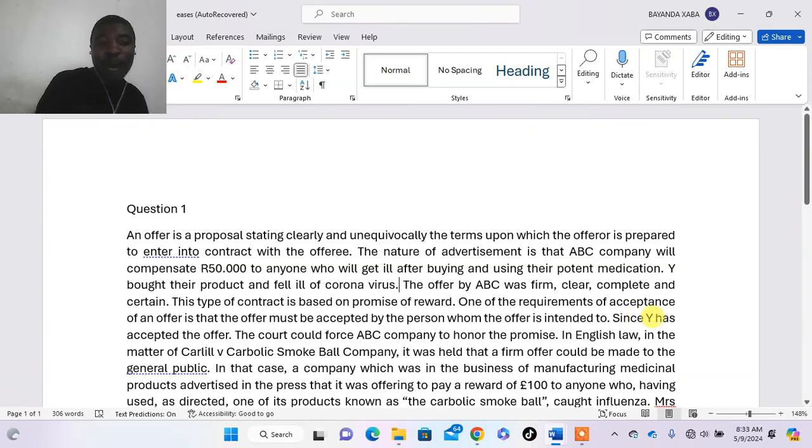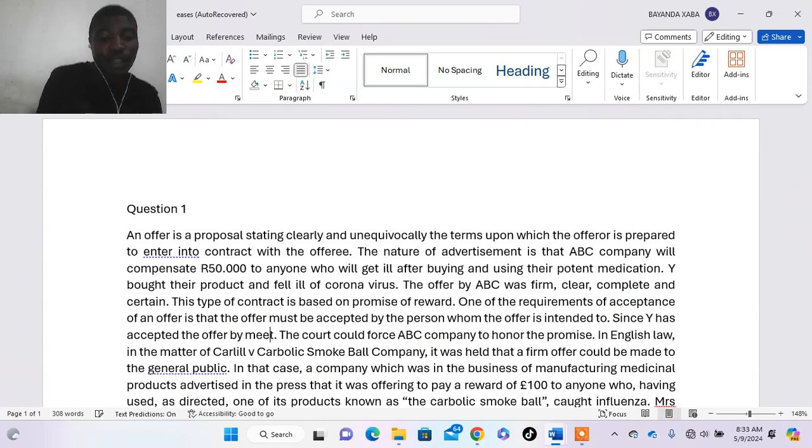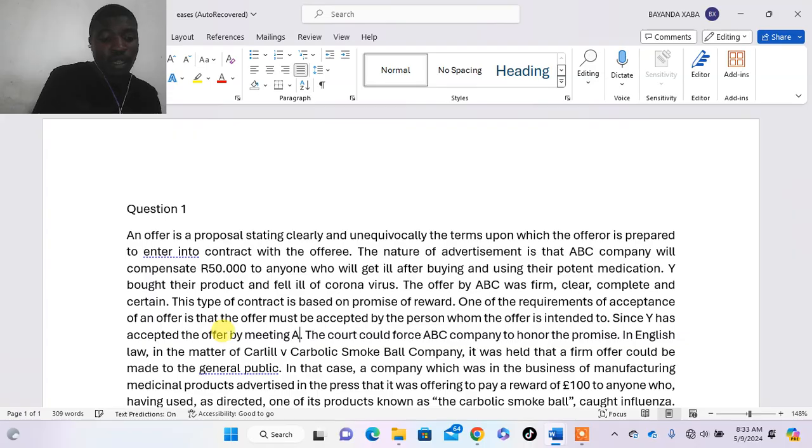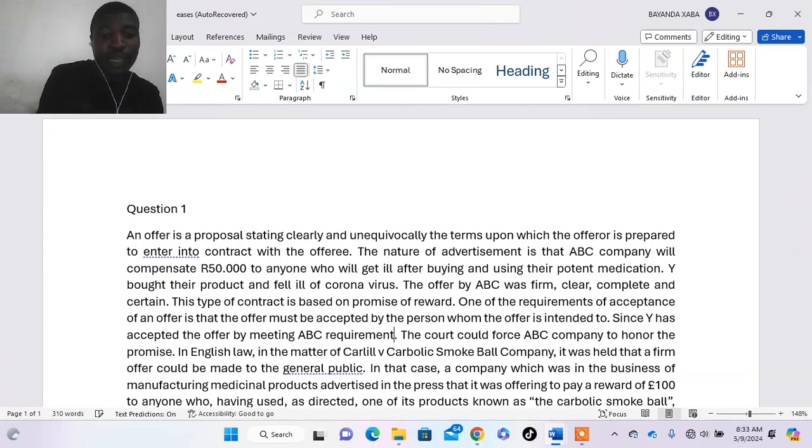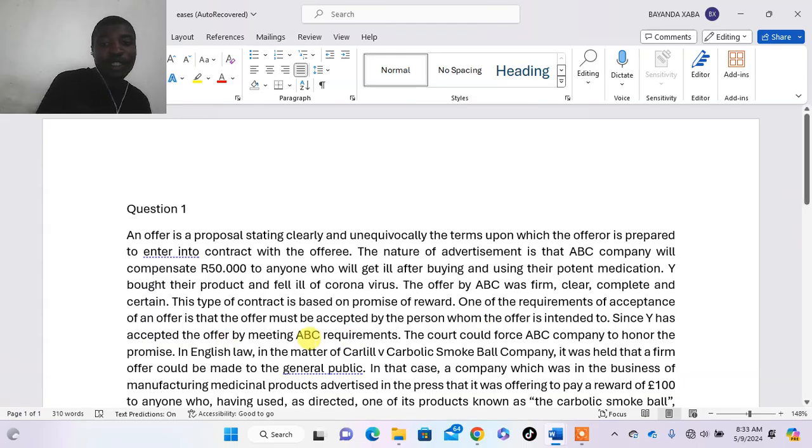So this means that since Y has accepted the offer by meeting the ABC requirements, due to the nature of the material aspect of the contract, the court could force ABC company to honor the promise.